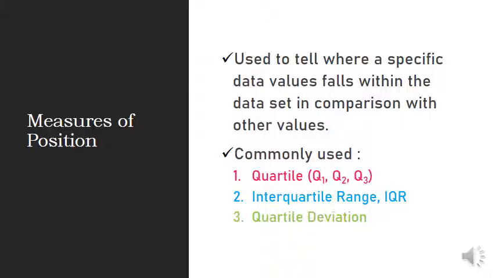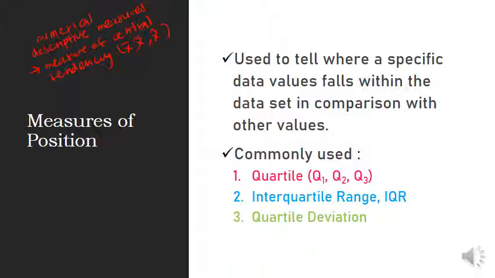So, in numerical descriptive measures, there are 3 subtopics. Measure of central tendency, which is mean, median, mode.